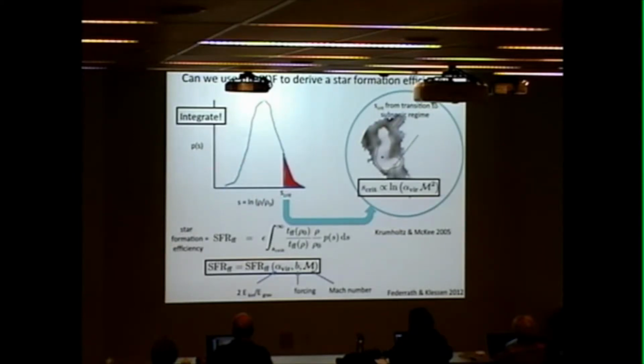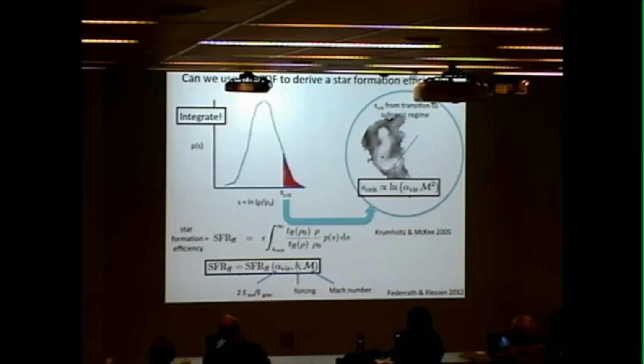What you do is that you just simply integrate from the critical transition of the sonic regime, which scales like that, and then now you have a prediction for the star formation efficiency in the free-fall time, which depends on the forcing, on the Mach number, and on this parameter, which is called the virial parameter, which is simply twice the kinetic energy divided by the gravitational energy. So all these, I would claim, you can measure from your numerical simulation.